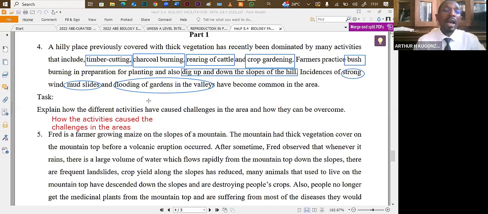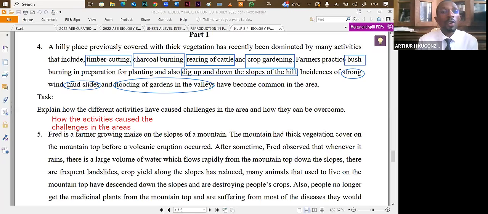So here I'll have to explain 6 points. A point on charcoal burning, a point on timber cutting, a point on rearing of cattle, a point on crop gardening, and a point on bush burning. But I should connect all these points to problems that they cause in the community or in the area.